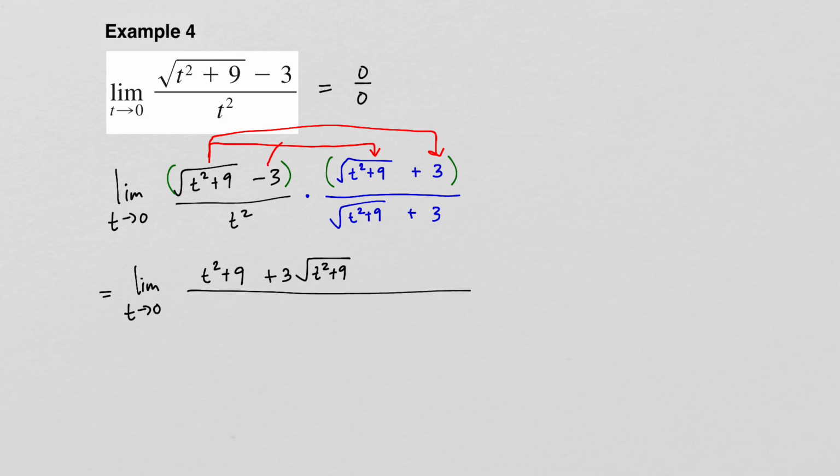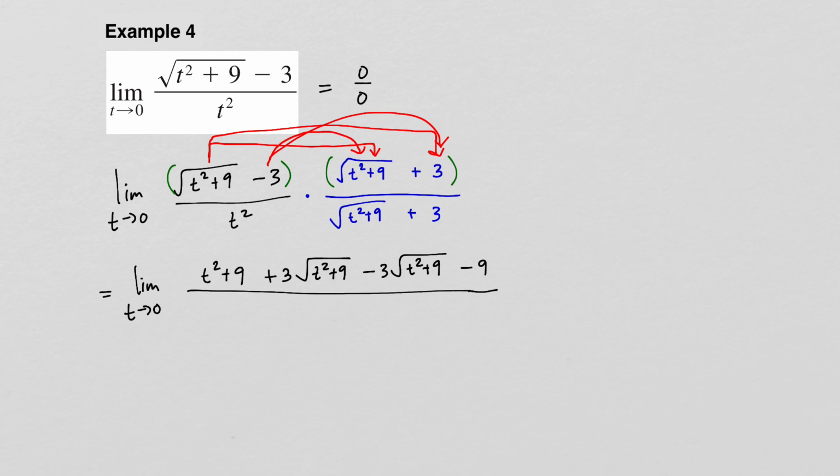Next, we have negative 3 times the square root of t squared plus 9, which is going to be negative 3 square root of t squared plus 9. And finally, negative 3 times positive 3 is negative 9.